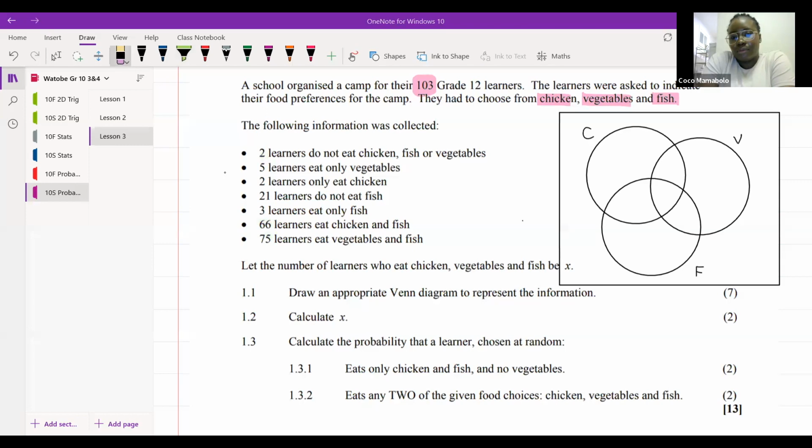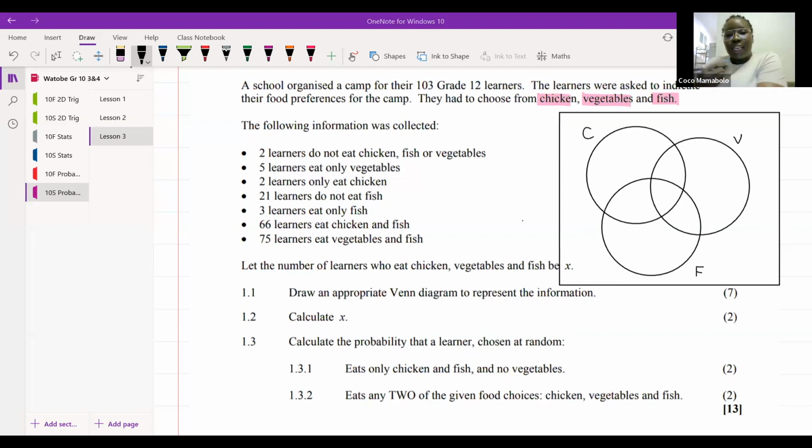It is 174. So we're already off to a bad start because over here we have 103, right? So that 174 tells us that we definitely have many intersections somewhere. Are we in agreement? Yes.